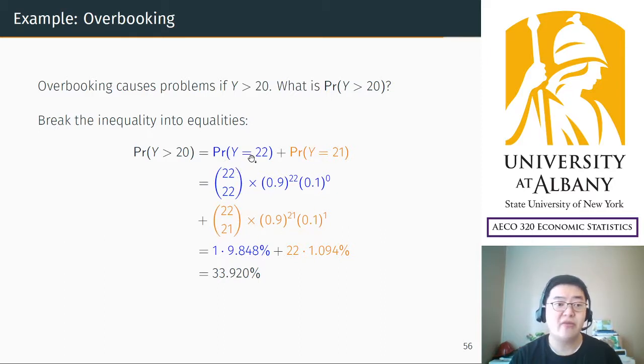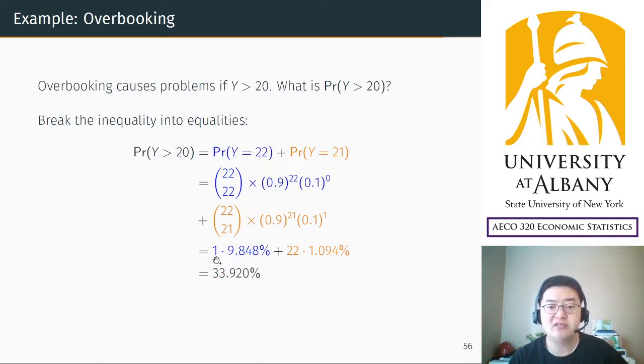When 22 passengers came to the airport, the probability is 22 choose 22, which is 1, and non-cancellation happens 22 times. Cancellation did not happen, so the exponent of 0 makes it equal to 1. You are not multiplying anything.